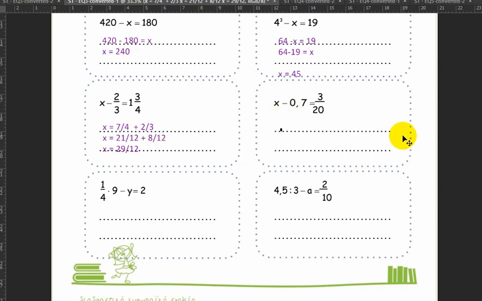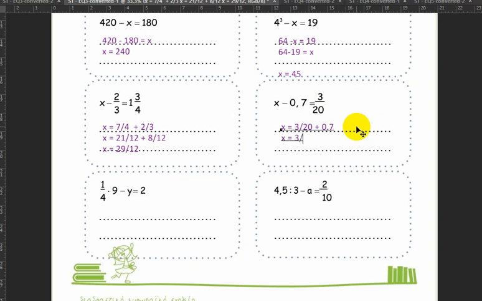Next, x minus 0.7 equals 3/20. So x is equal to 3/20 plus 0.7. Again, you can turn this into a decimal, or you can turn this into a fraction. I prefer to turn this into a fraction because to turn 3/20 into a decimal, you'd have to do 3 divided by 20, long division, which would take some time.